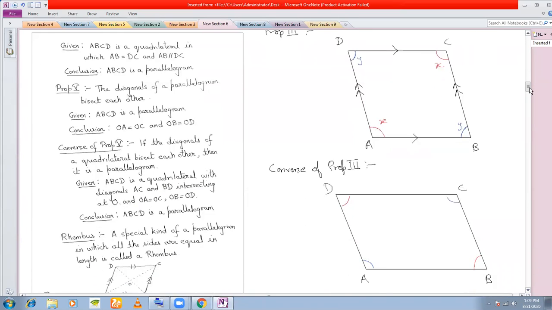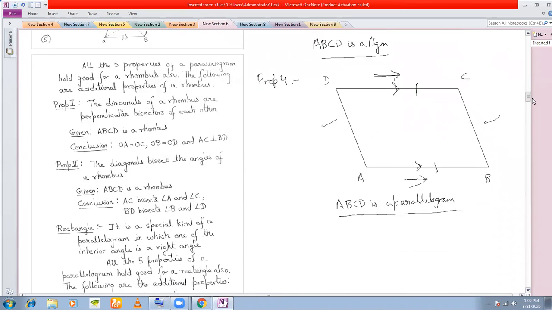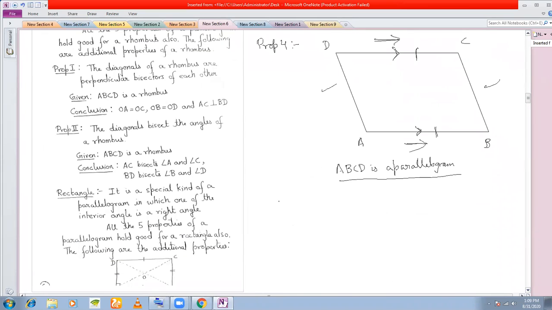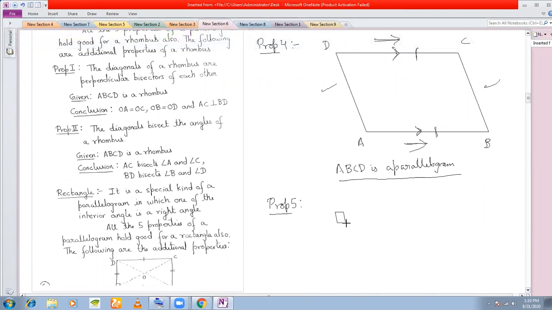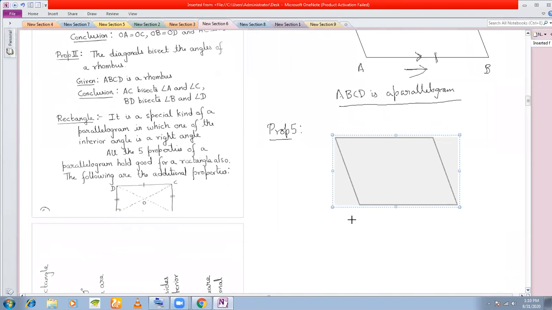Property 4. Property 5 we have already done. Diagonals of a parallelogram bisect each other. Nothing much to be mentioned here, but again you must see what is given and what you must conclude. Here it is given to you that ABCD is a parallelogram. So you know that these two must be parallel.